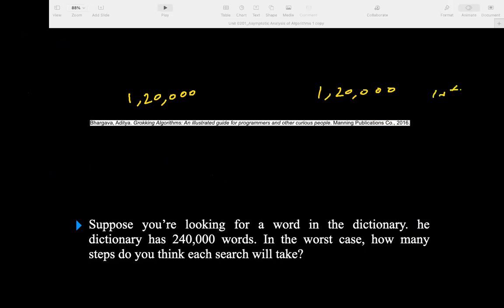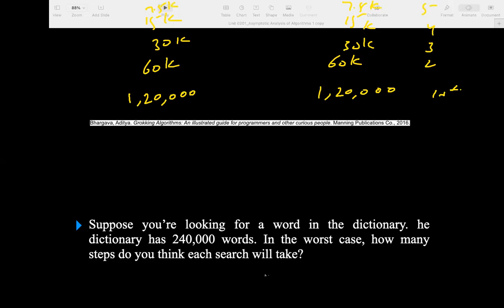Then we will have 60,000. That will be our second step. Then we'll have 30,000, 30,000. That will be our third step. Then we'll have 15,000, 15,000. That will be our fourth step. And then we'll have 7,500, 7,500. That will be our fifth step, and so on and so forth.